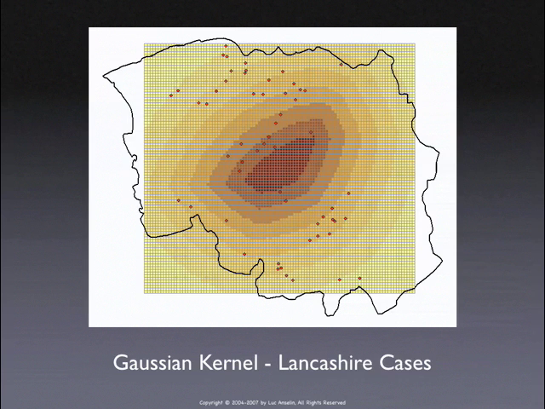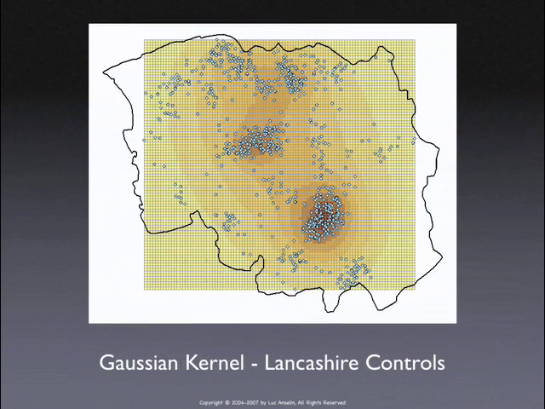But the points are very nicely circular around them. So that's what the kernel picks up, kind of this smooth pattern of points in a circular fashion. Then if we look at the controls, this makes a lot more sense. These get the high intensity as the darker colors of the controls.